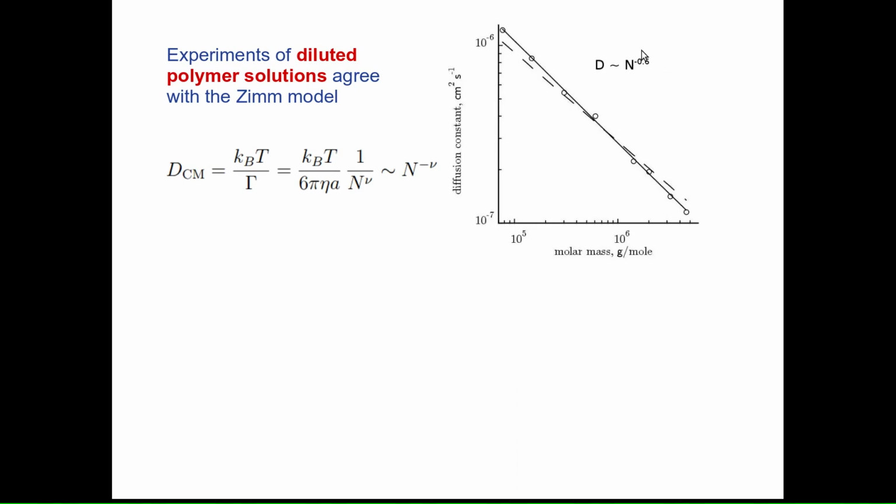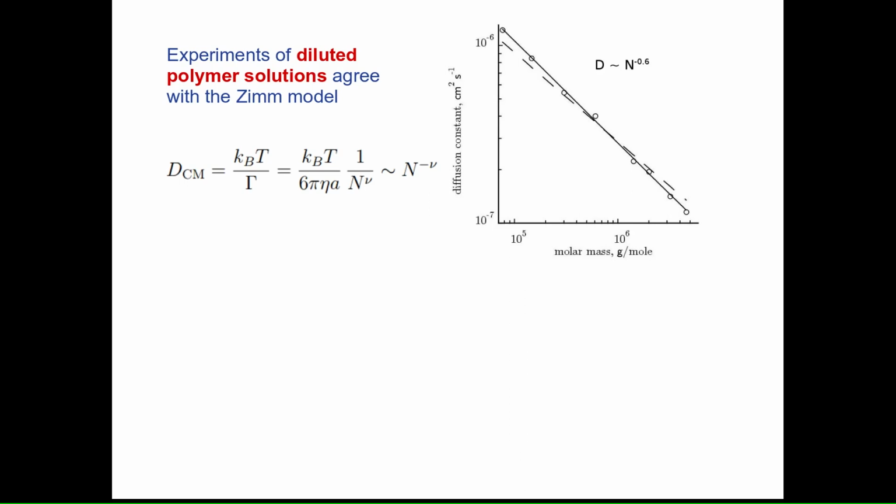If you were to plot the line for the Rouse model, 1 over n, it would be much steeper than these two. This is n to the minus 0.6, the Flory exponent that we expect in this case. We see that the Rouse model doesn't work, but the Zimm model works. This is about dilute polymers.